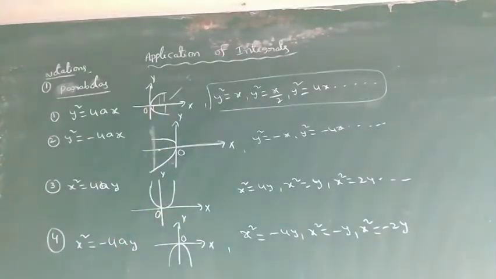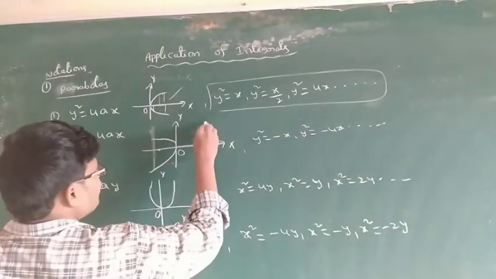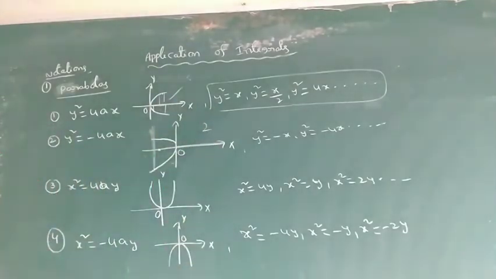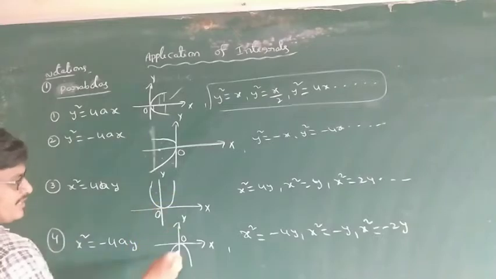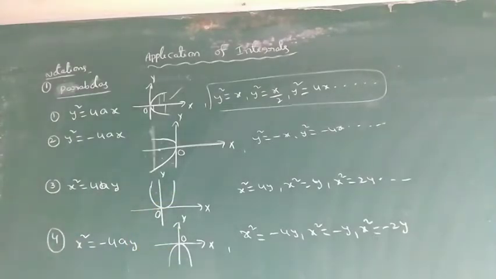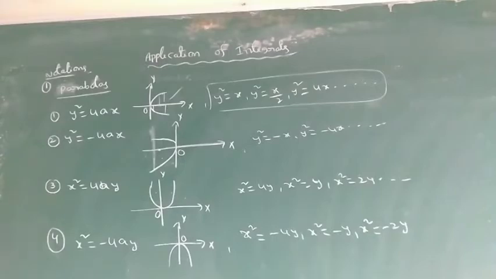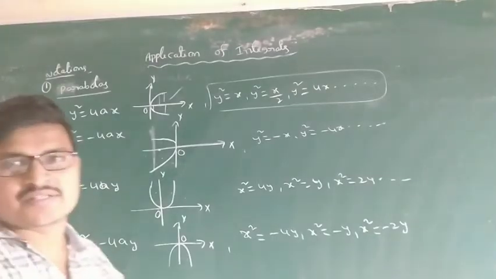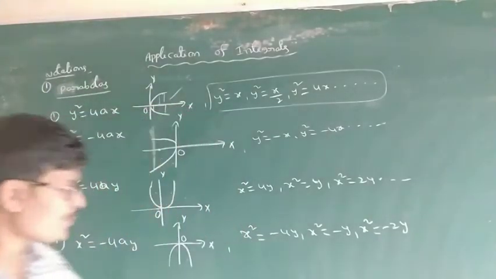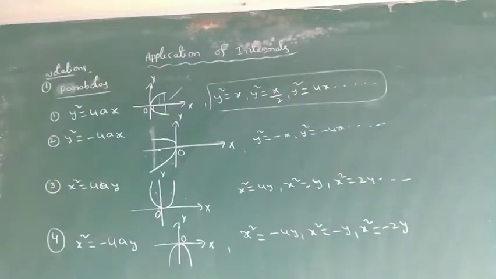So symmetrical means the same. For example, total area means 2 into the one part. So this is symmetric. This is also a symmetric parabola, above the x-axis, below the x-axis. So the left side of the y-axis and the right side of the y-axis, both areas are the same.